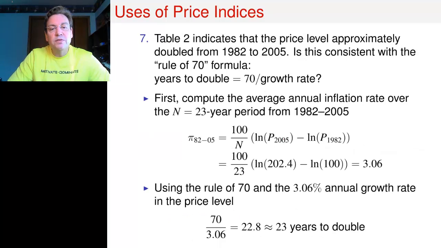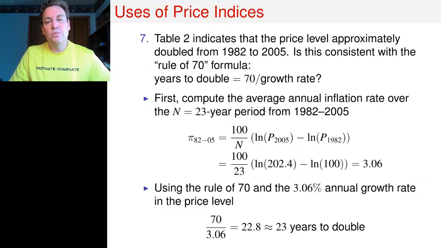Once you have things in terms of inflation rates, well, inflation really is the growth rate of prices. So now we can use that rule of 70 formula to ask, how many years does it take for the price of something to double if, say, you have an inflation rate of 2%? What we're doing here is computing what the 23-year average inflation rate was from '82 to 2005.